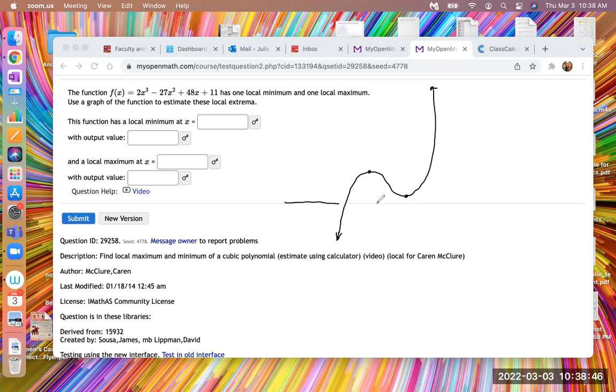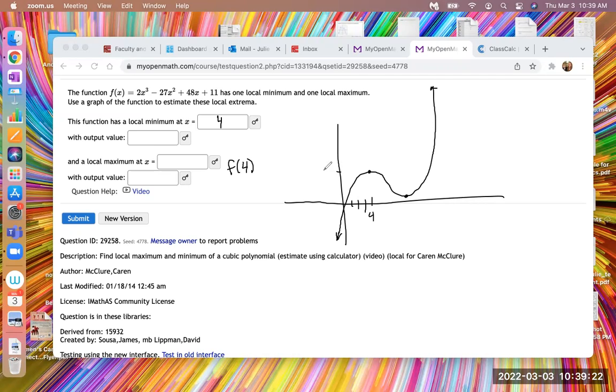Let's say this is 0, and then 1, 2, 3, 4. It looks like the horizontal position where this max happens is at 4. So the answer would be 4 for this part. And then the output value: if I plugged 4 into the function, what is the y coordinate, the height of the function when x equals 4?